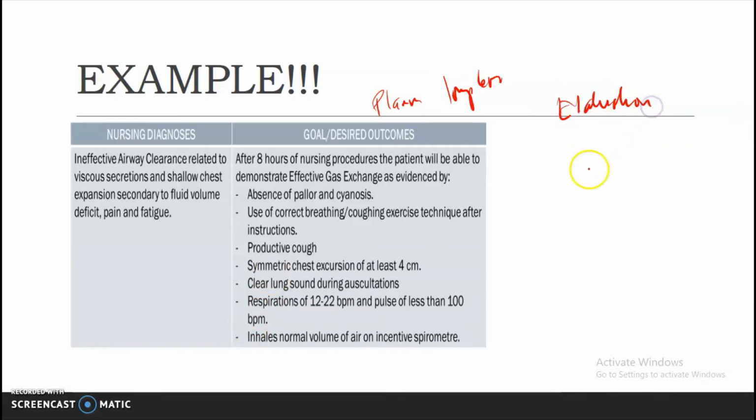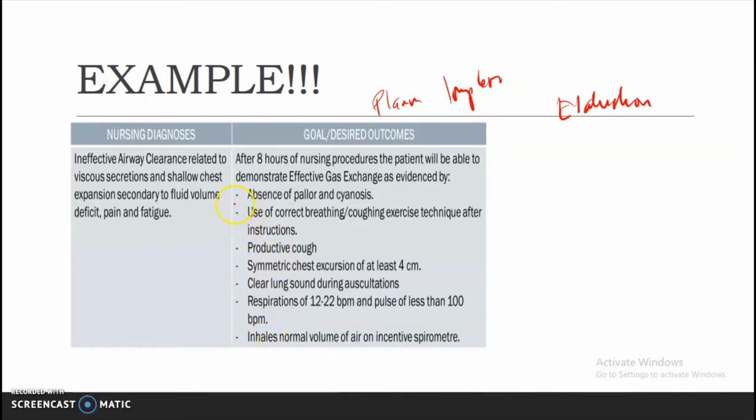How am I going to evaluate that? You have to first reassess. Check mo kung pale ba ang pasyente, check mo kung umuubo, check mo kung correct ang breathing exercise niya, check mo ang kanyang chest excursion, ang lung sound, ang kanyang respiration, and check mo ang kanyang incentive spirometry.